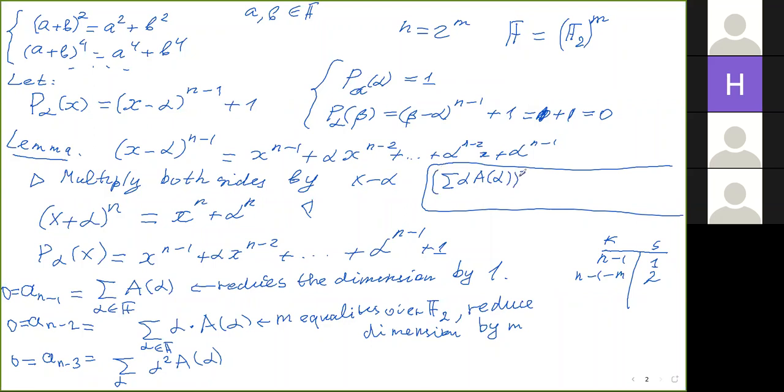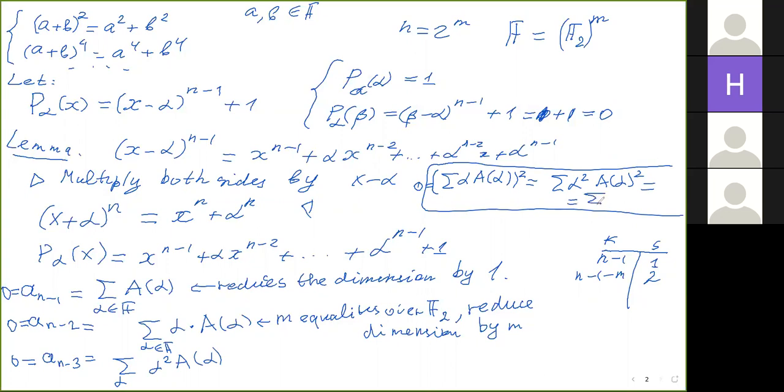So it's 0. So we obtain certainly 0. But on the other hand, using our rules of squaring, we know that this is the same as the sum of alpha squared, A of alpha squared. And recall that A of alpha are taken from 0 and 1s. So 0 squared is 0, 1 squared is 1.